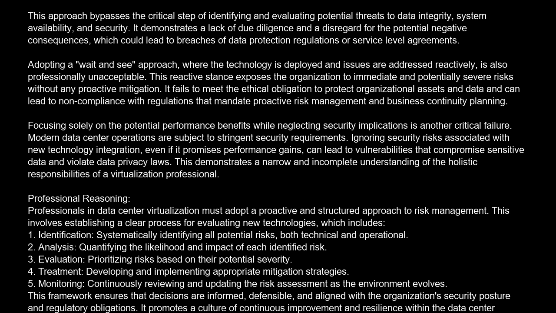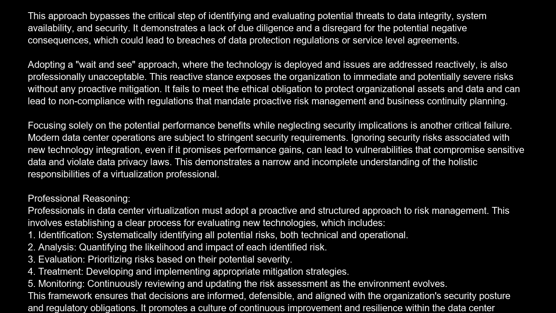Professional reasoning. Professionals in data center virtualization must adopt a proactive and structured approach to risk management. This involves establishing a clear process for evaluating new technologies, which includes: 1. Identification, systematically identifying all potential risks, both technical and operational. 2. Analysis, quantifying the likelihood and impact of each identified risk. 3. Evaluation, prioritizing risks based on their potential severity. 4.